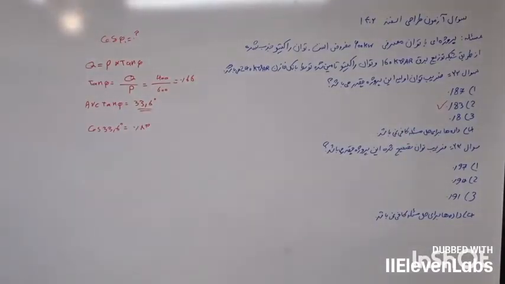In the second part, it asks how much the power factor is in this project, meaning if we take only that 160 kilovars from the network, how much is it then?